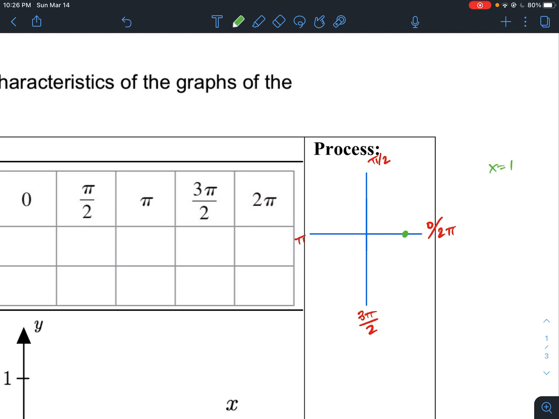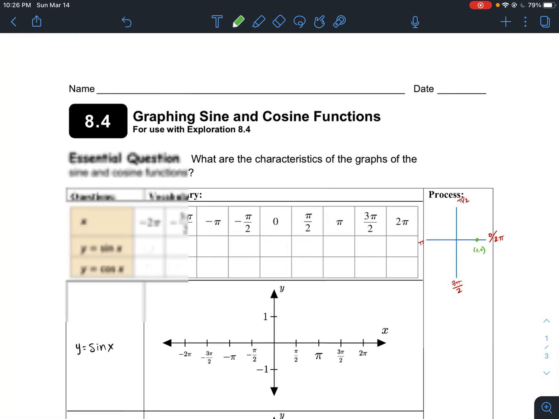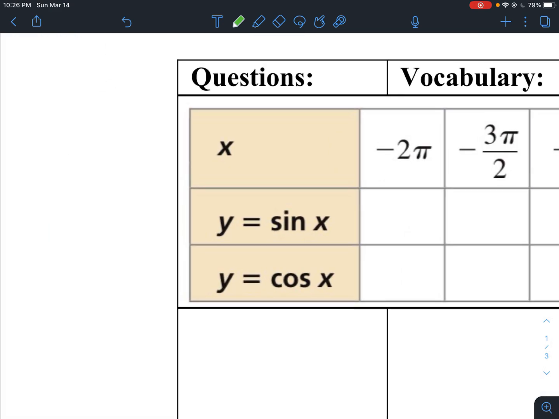I'm going to label this point as 1 comma 0. Now at this point my x is equal to 1, my y is equal to 0, and my radius is equal to r. So remember that sine is equal to y over r, while cosine is equal to x over r.